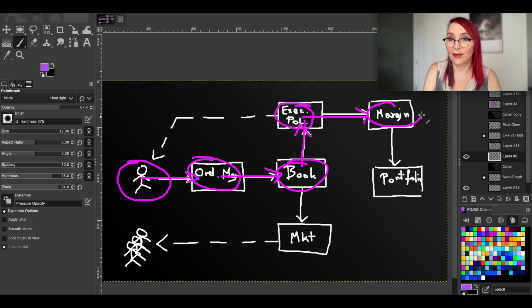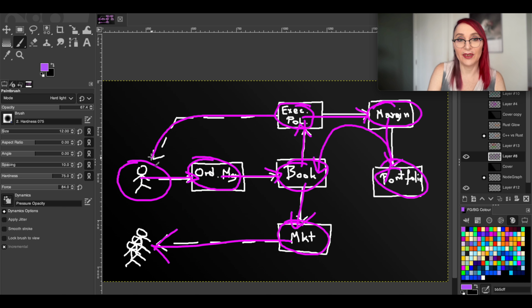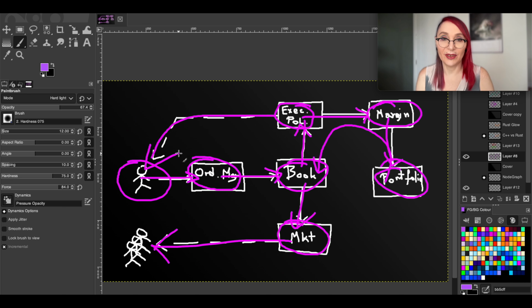Margin is managing the accounts, and on the accounts, we create some lots, we match some lots. And then control goes back to the book, which talks to the market data policy, which sends back the market data to all users. At the same time, the execution policy sends back the private information about executions to the users that originated the orders.